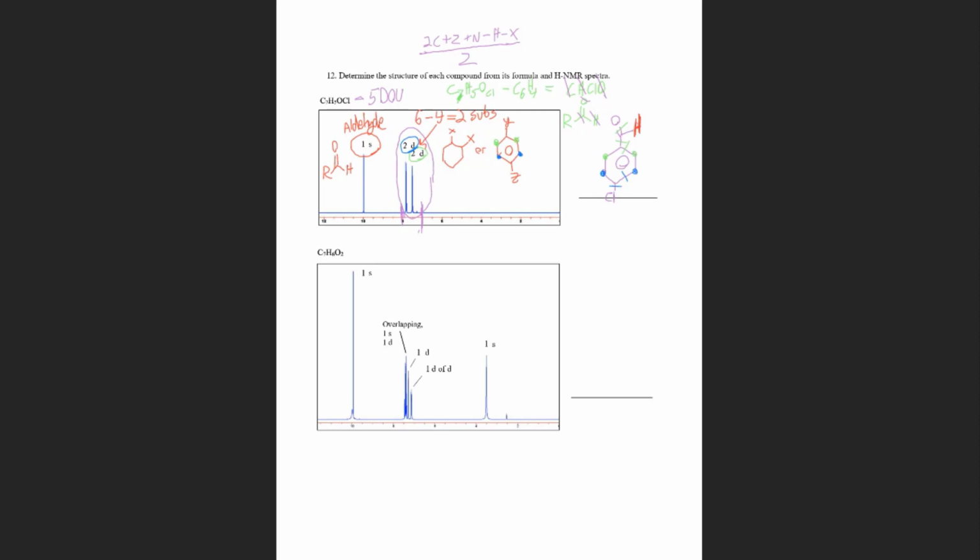You won't be asked to designate something ambiguous like this, which signal belongs to which hydrogen. But you can check, and you will see that it will be 2 groups of 2. They will be doublets, because remember that you only count the things that are adjacent on a benzene ring.